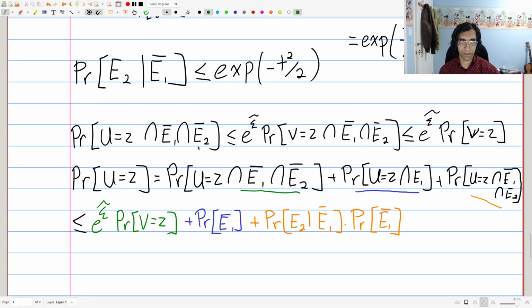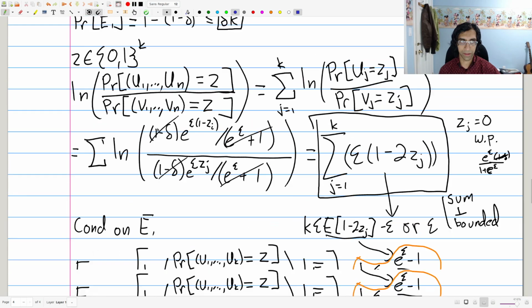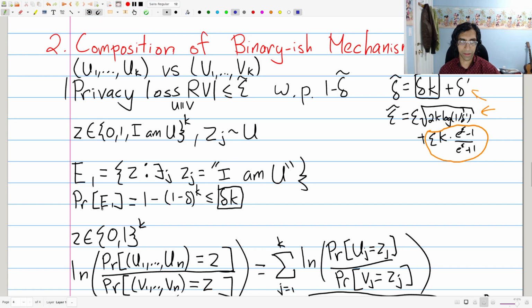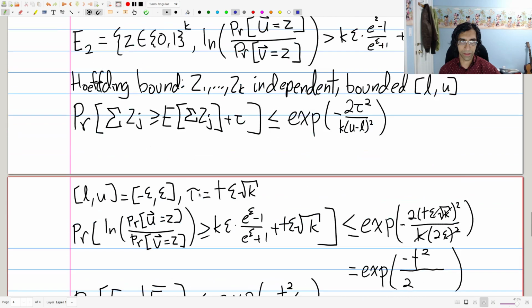And yeah, then we can upper bound this just by plugging in all the expressions we have. So again, this is e to the epsilon tilde, probability that v is equal to z. This term here is going to be plus delta k, because we remember the probability of E1 bar is going to be, sorry, I made a mistake here.